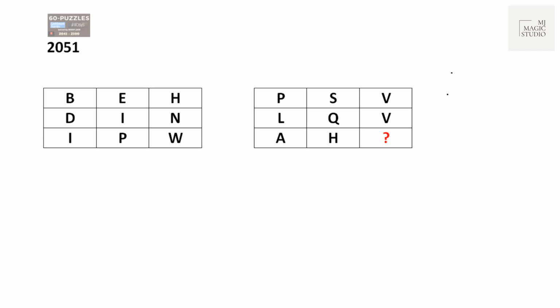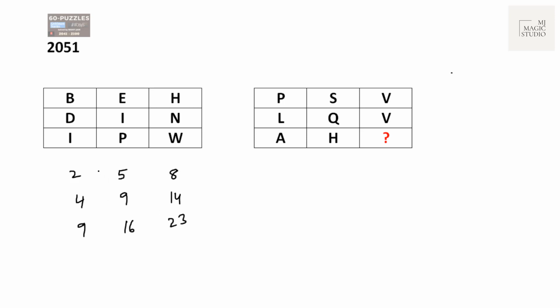Okay, the suggestion whenever we get a alphabetic grid is always if you can quickly write the numbers and check the pattern. B is 2, E is 5 and H is 8. D 4, I 9, N is 14, I 9, P 16, W is 23.